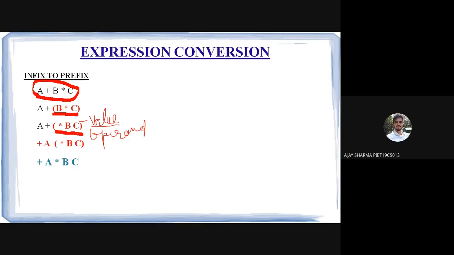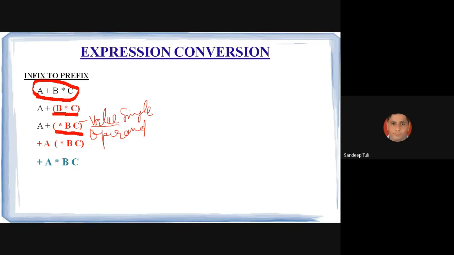We can consider asterisk BC in brackets as a single value. Sir, it becomes an operand only when the multiplication operation is performed between them first.